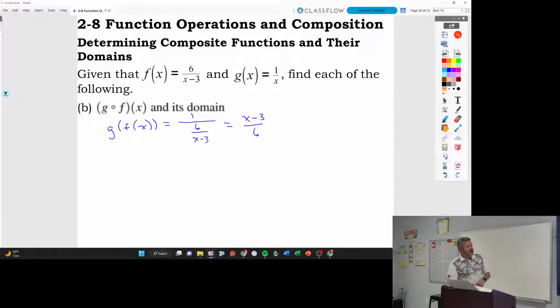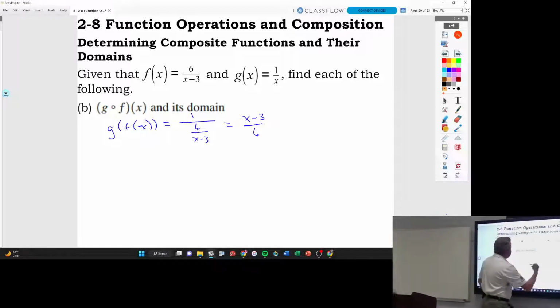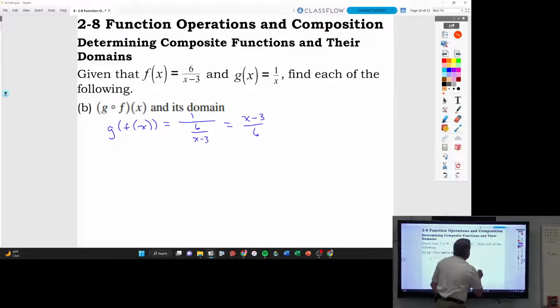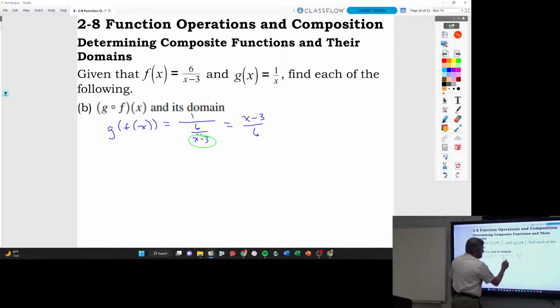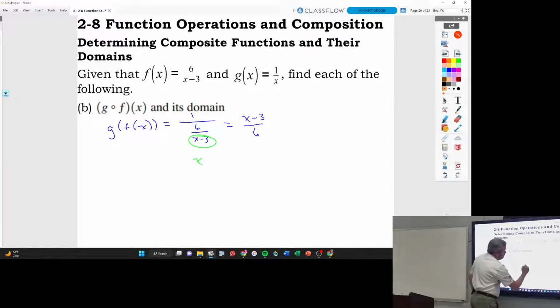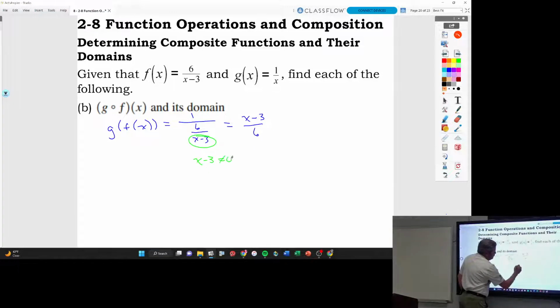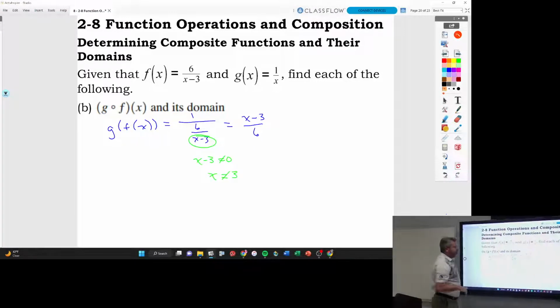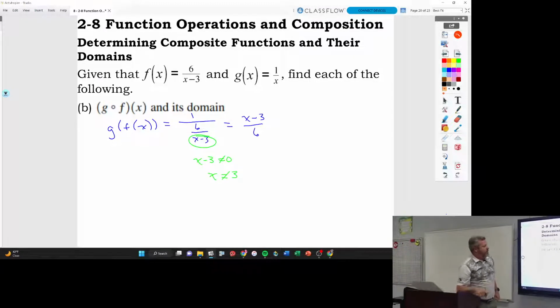And if you look at that, x minus 3 over 6, you're thinking, well, x can be anything. But go back. No, it can't be, because we have an x minus 3 in the denominator here. And I'm going to go back to that previous problem and change something. So this can't be 0. x minus 3 can't be 0, which means x can't be 3. Okay?